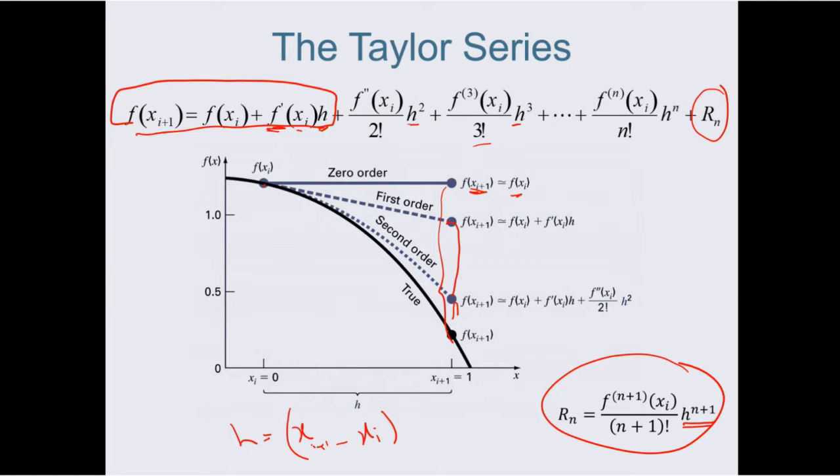Of course, it's going to have other terms as well, but that will be the biggest value. The other terms are going to be smaller than this, because you are dividing by big numbers, and because if you take a small step size, let's say 0.1, then you know that 0.1 squared is much bigger than 0.1 cubed, and that's much bigger than 0.1 to the power 4. So each term is bigger than the next one.